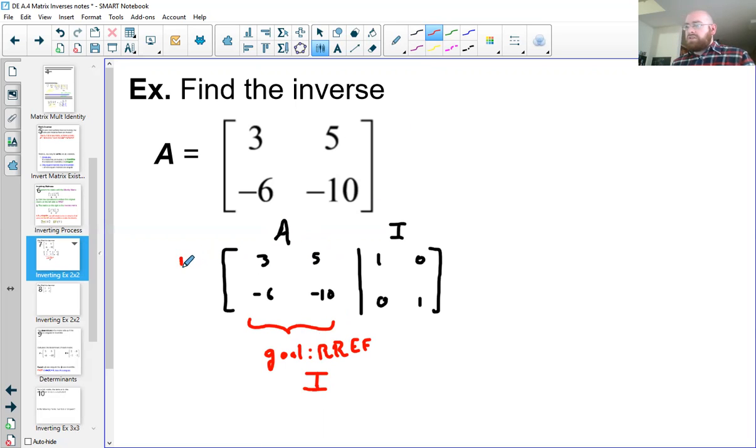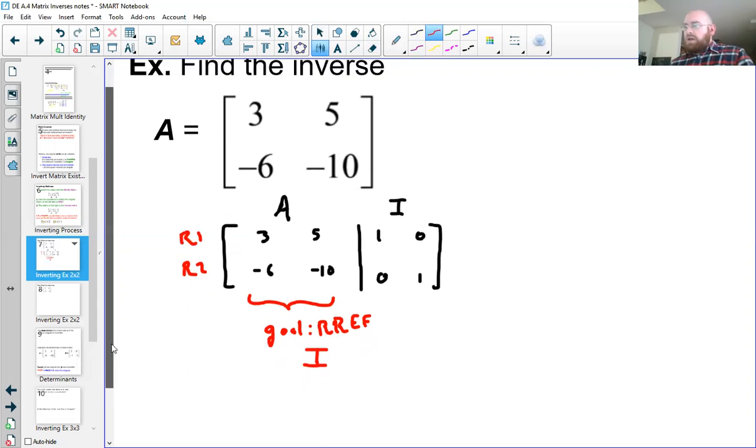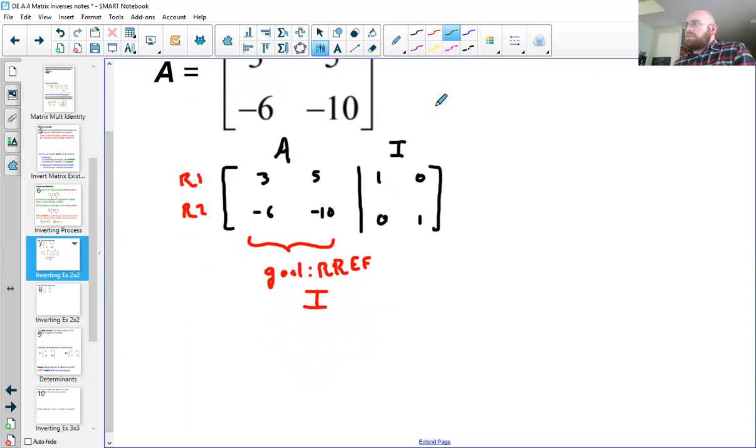So just to remind ourselves, this is our first row, this is our second row. And I can see that we have -6 right here and 3 here. So what I'm going to do is keep my first row and take my second row plus 2 times my first row.